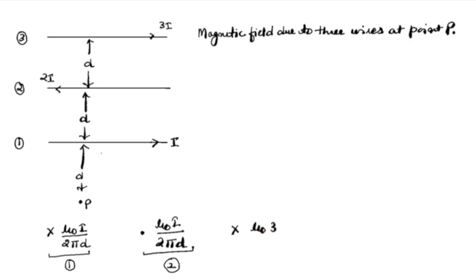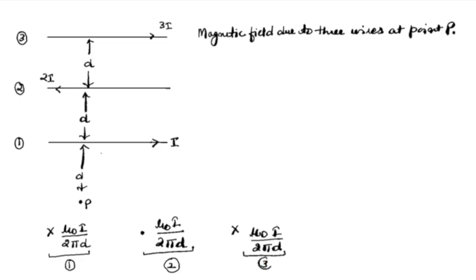The current is 3 times I this time, divided by 2 pi multiplied by the distance. The distance is d plus d plus d, 3d. So we can cancel this out, and again I can simply write mu naught I divided by 2 pi d. So this is due to the third wire.